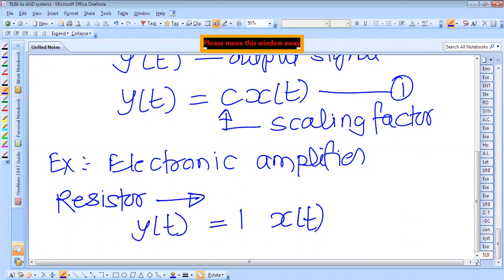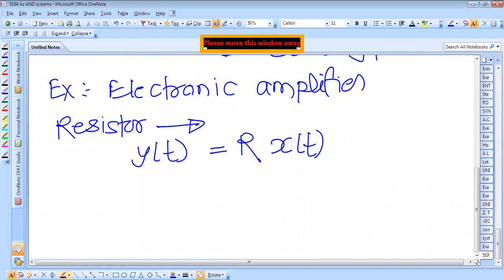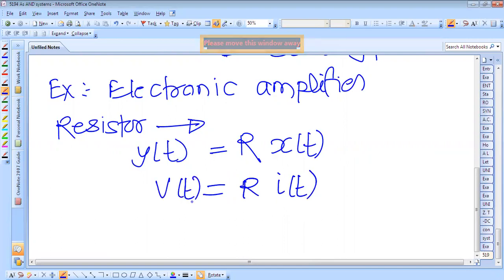So y of t is R into x of t. This resistance is also called the scaling factor, where x of t is the current and y of t is the output voltage.